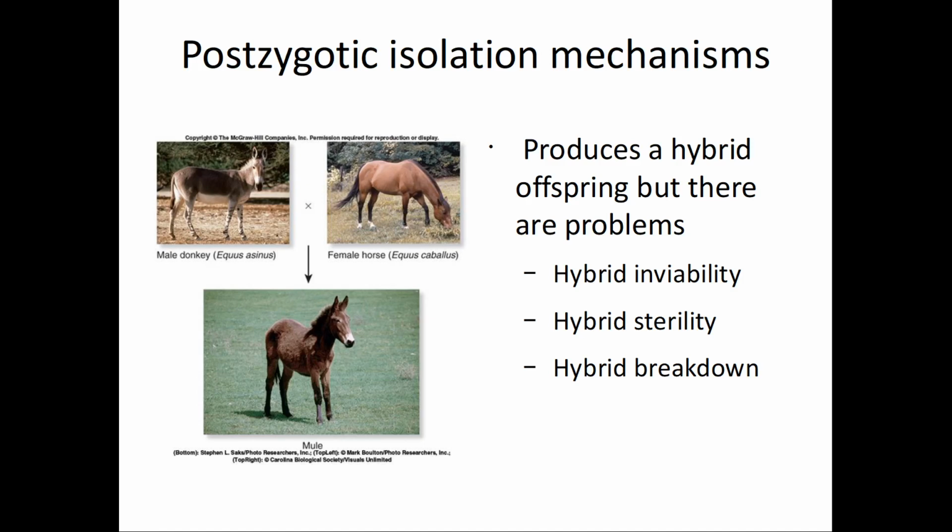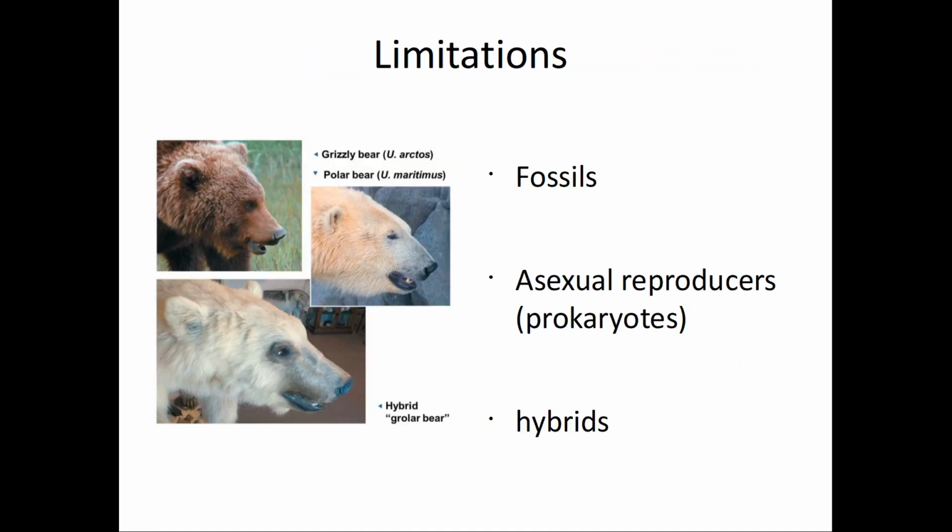Hybrid breakdown is where they're viable and fertile, but they have particular unfavorable traits that make it so they're not going to be successful. So basically, they're not going to be fit, and they'll be selected against.